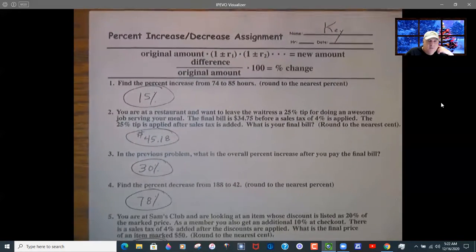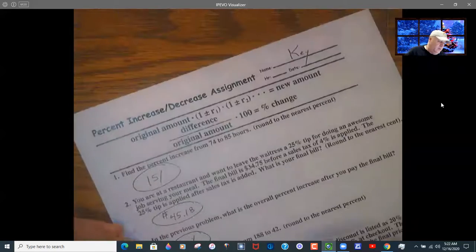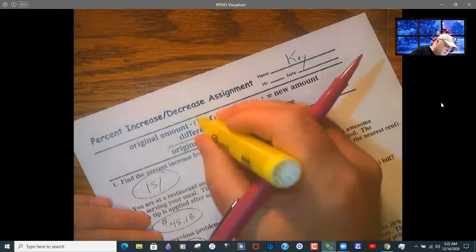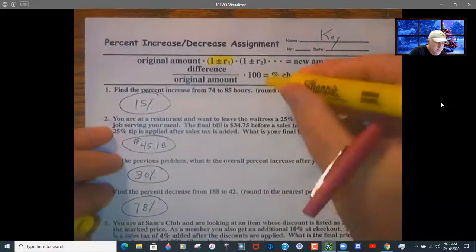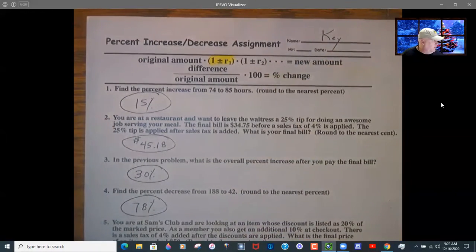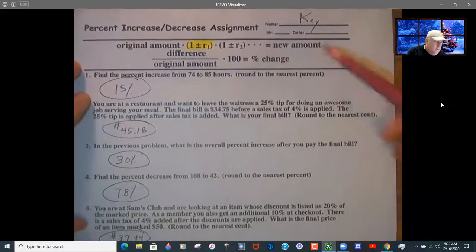All right, the back. So here's the giant thing. The best thing to do is to come up with what I call the multiplier when you're figuring out the new amount. And typically it's just one time, but I have another one because it can be more than once. This first one, you do a ton of.